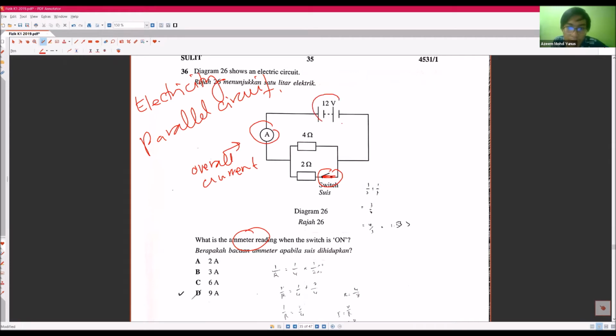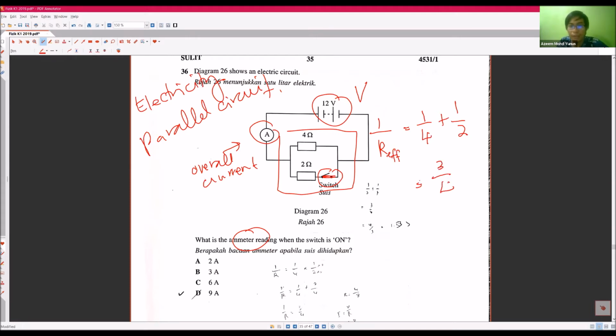So we have the overall V here. To find the effective resistance, for 1 over 4 plus 1 over 2, this is 3 over 4. So 1 over R effective, so R effective is actually 4 over 3 ohm.